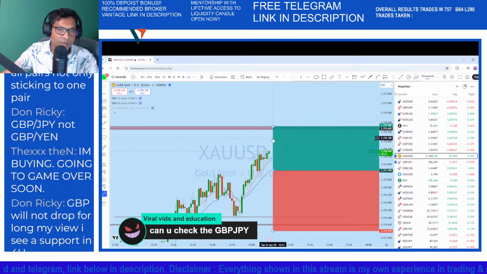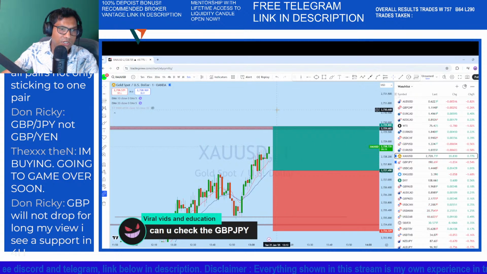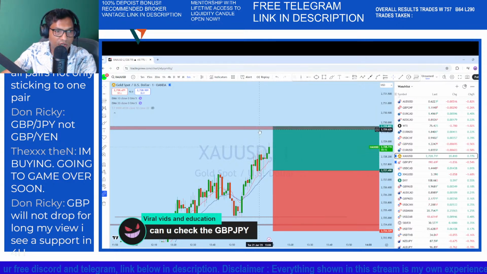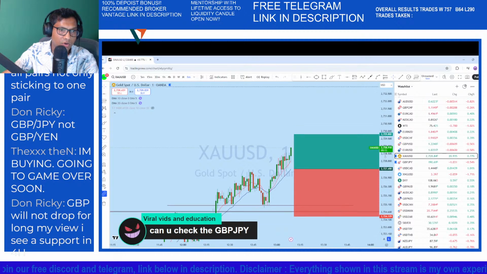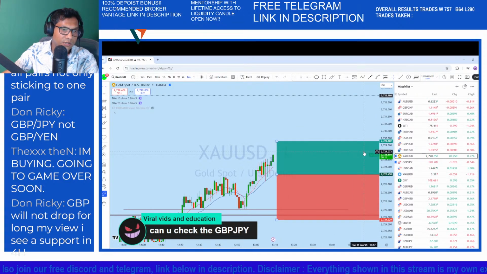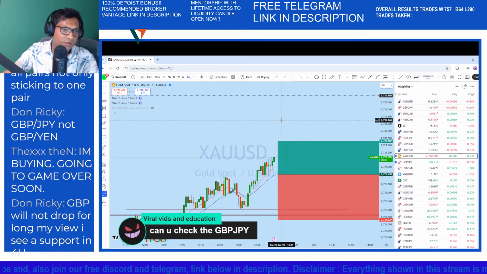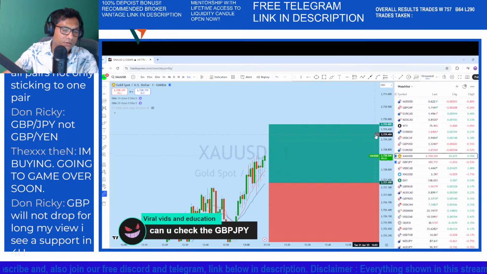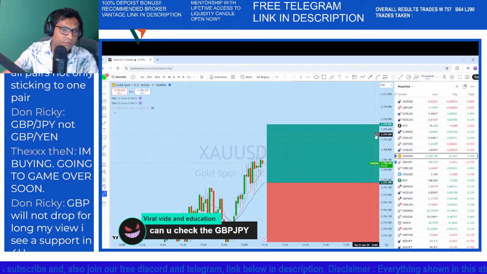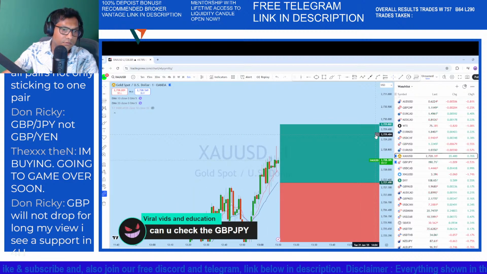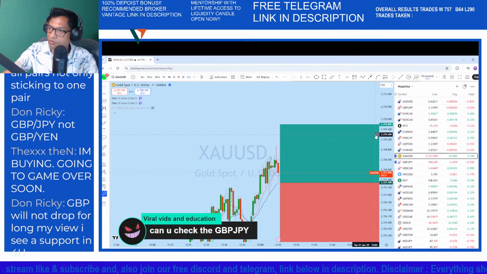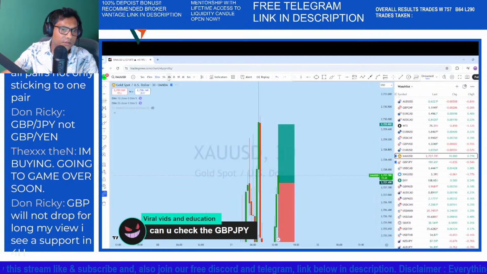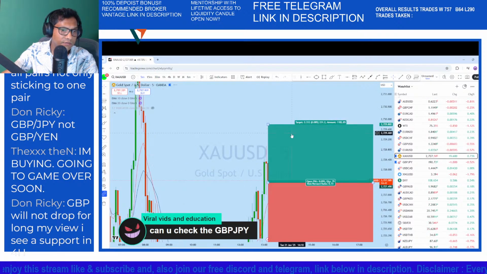GJ also has entered in the profit zone. XAUUSD, want to see that bouncing back up to the resistance line to give us that potential trading opportunity in the market. So we can see the market is forming a series of higher low. So far still bullish pattern, but it's trying to return back to grab more liquidity.